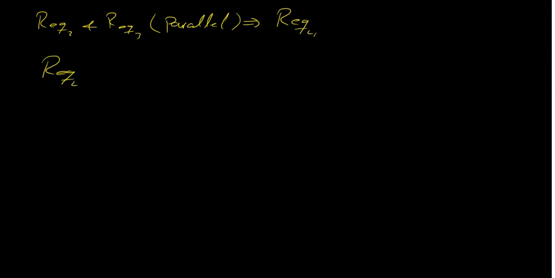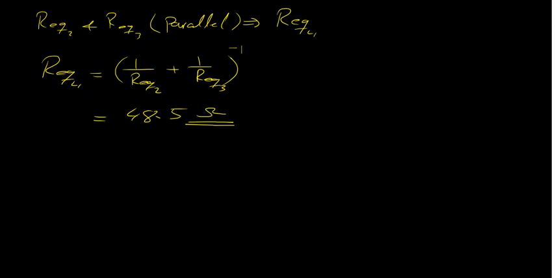Once again, you could use the other way of the formula, 1 over R equivalent 2 plus 1 over R equivalent 3, and finding the inverse, or use the first way we did it before. That will give us a total of 48.5 ohm. Okay, that's the resistance.